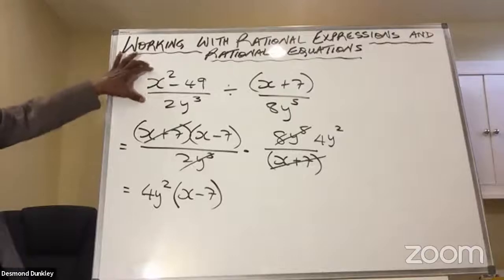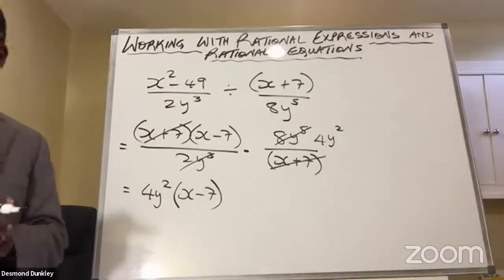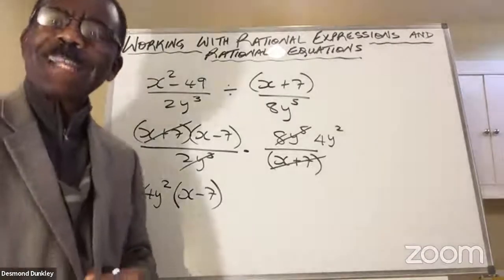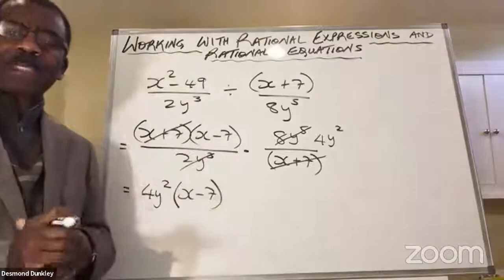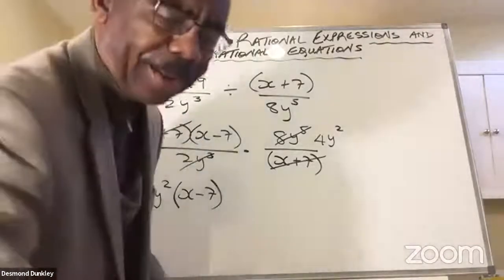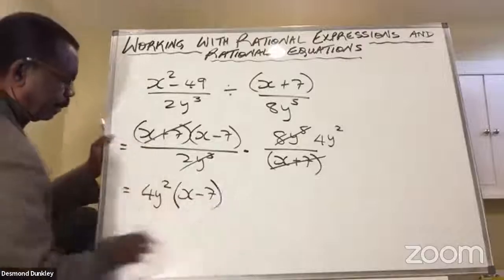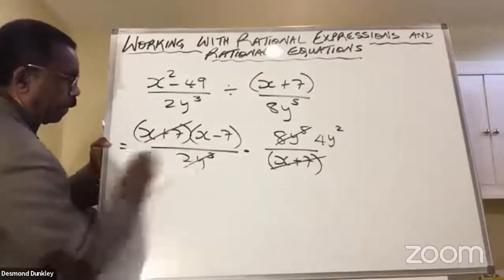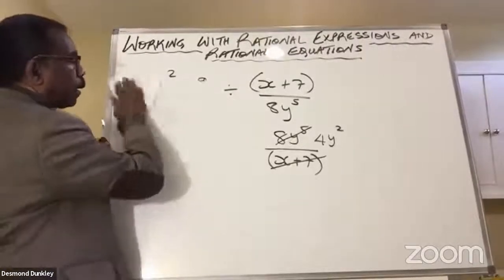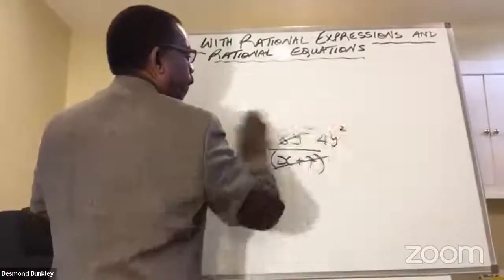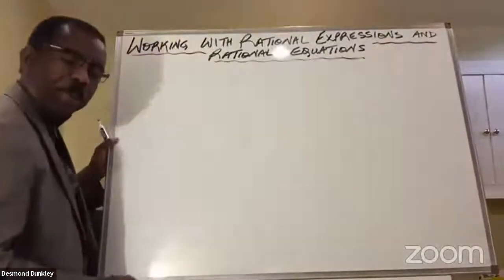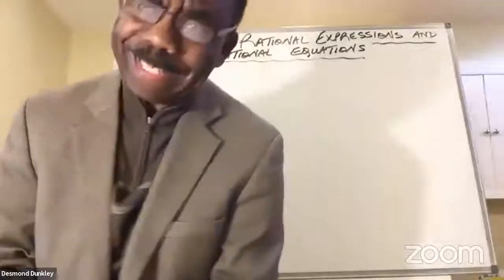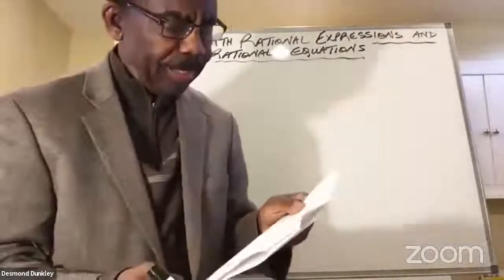So from here, we end up here, and that is going to be our final answer for that question. Okay? Another one. I promise you we're going to do some more complicated examples today.